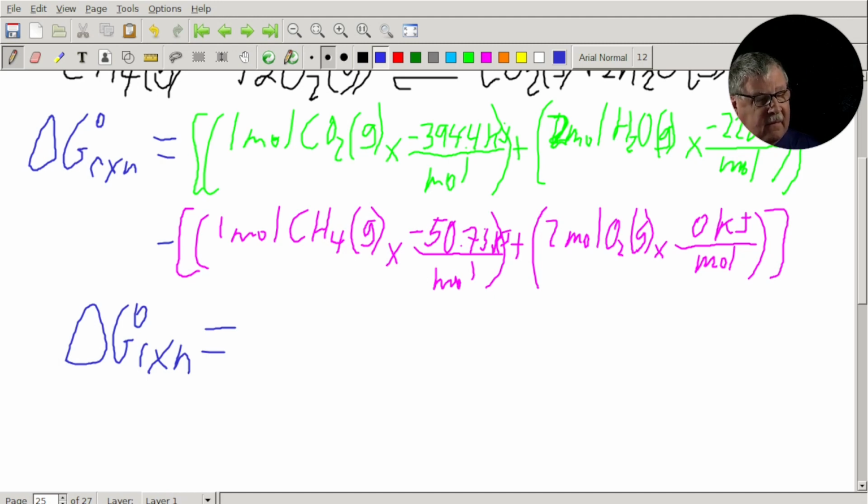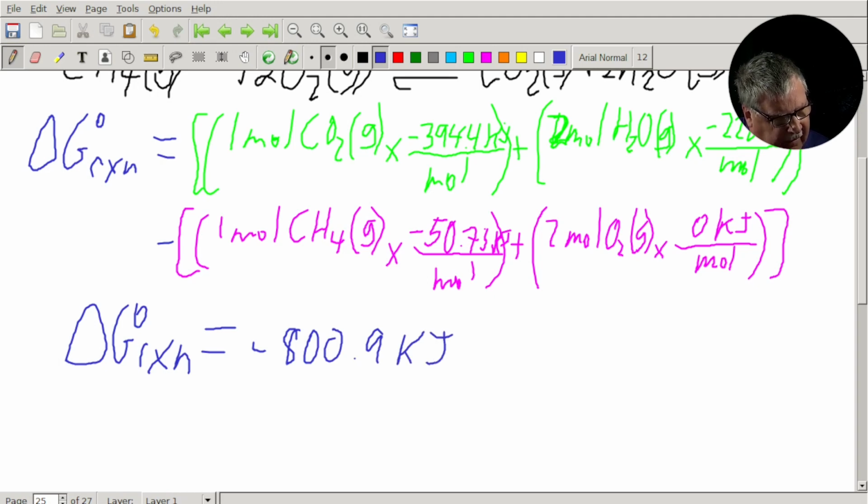That sounds not negative enough. Let's see, negative 394.4 plus 2 times negative 228. I get negative 800.9 kilojoules per this.